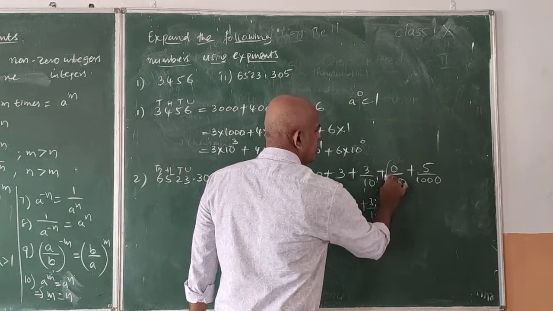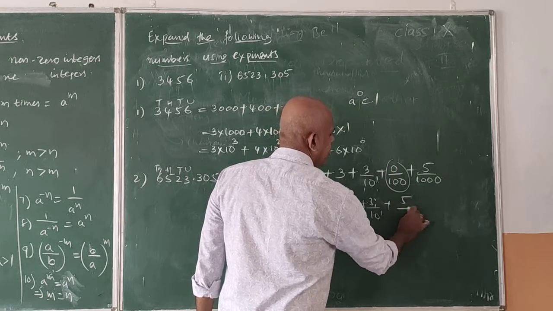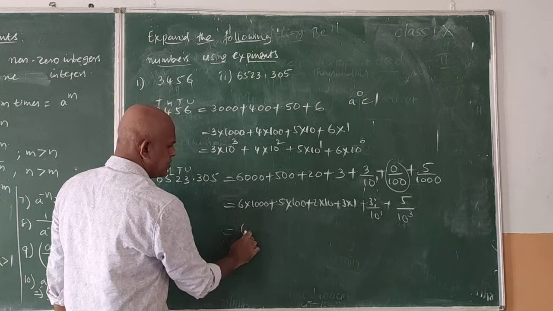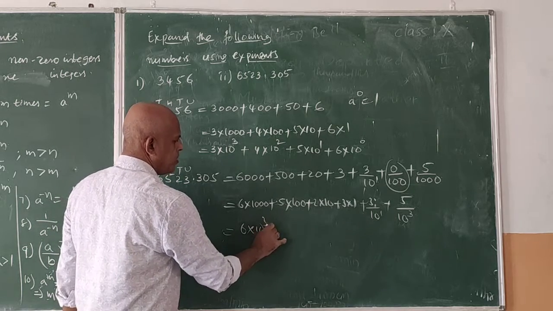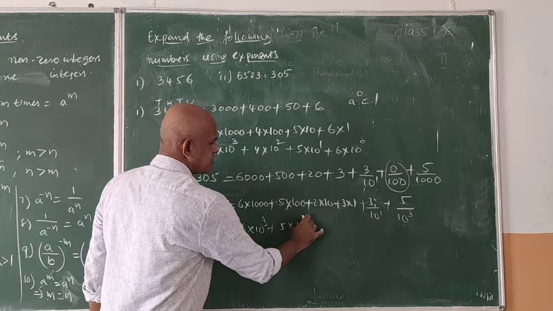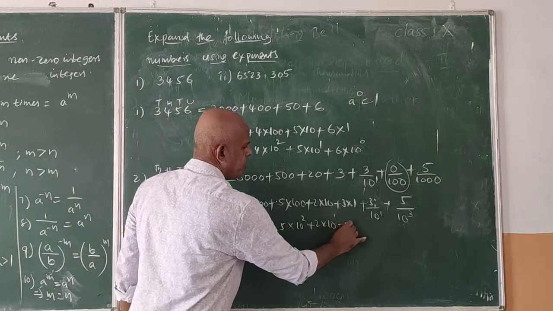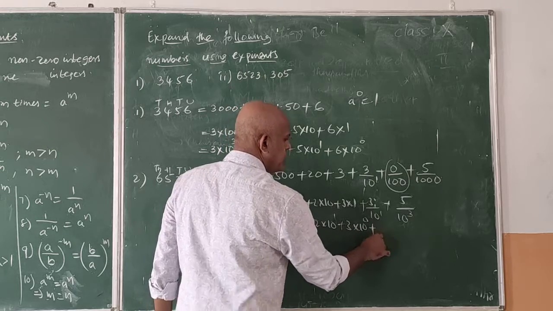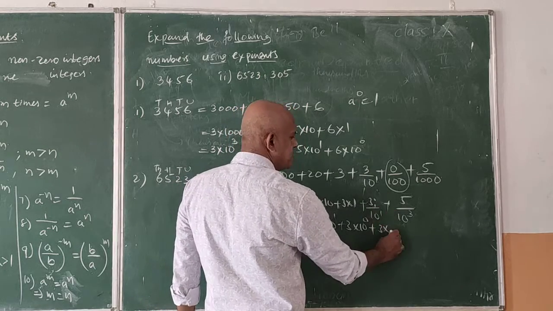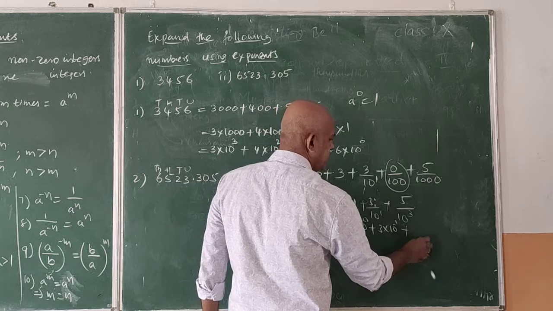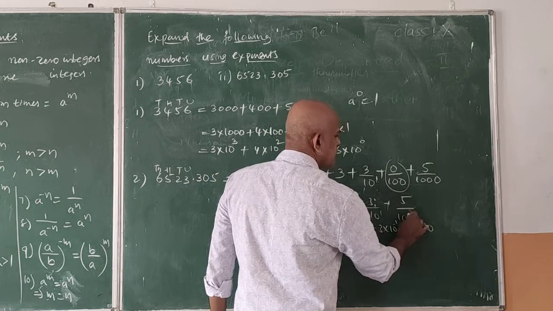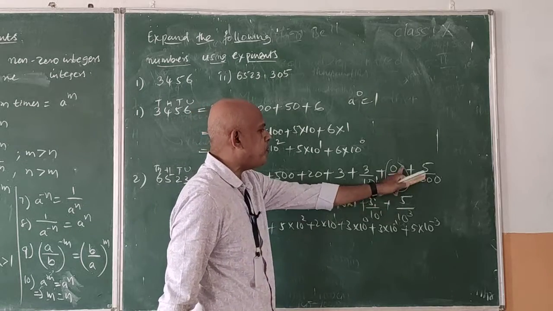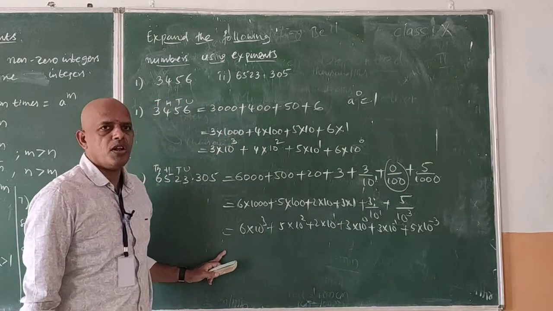Here 0, no need to write the value, and directly we write 5 by 10 to the power of 3. So directly we write 6 into 10 to the power of 3, 5 into 10 square, plus 2 into 10 to the power of 1, plus 3 into 1, which means 10 to the power of 0, plus 3 into 10 to the power of minus 1, and 5 into 10 to the power of minus 3, since when it moves from the denominator to the numerator the power becomes negative. Or you can write 0 into 10 to the power of minus 2.